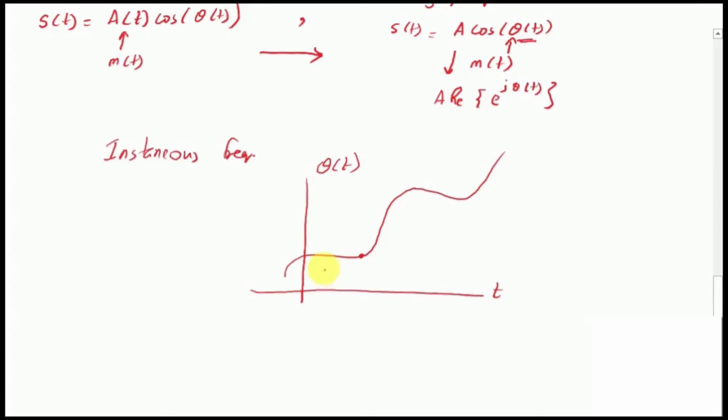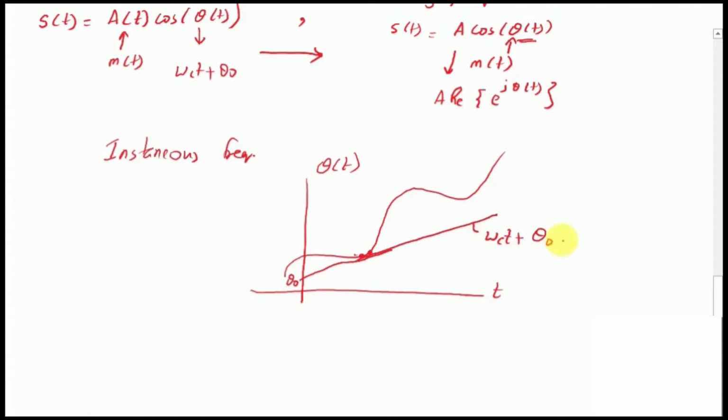Assuming we pick this point and a small interval after it, we extend a line crossing through it like that. This line will intercept the y-axis at theta naught. We may call this omega c t plus theta naught. This is showing a linear behavior, which we have observed in AM as omega c t plus theta naught.